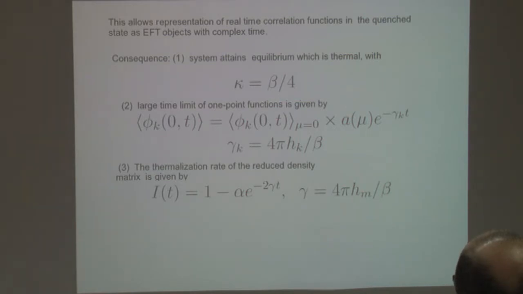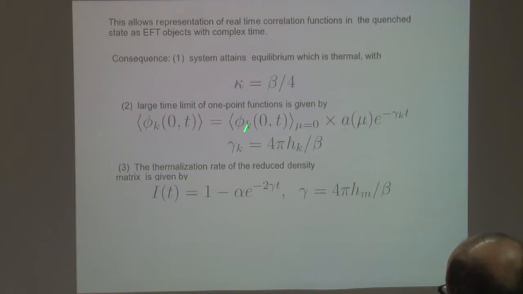This was shown by Calabrese and Cardy, and the large time behavior of 1-point functions is given by some exponential formula like that. The infinite time behavior in this case is actually 0, because this is the 1-point function in a thermal ensemble. The 1-point function in a thermal ensemble of these operators is actually 0.